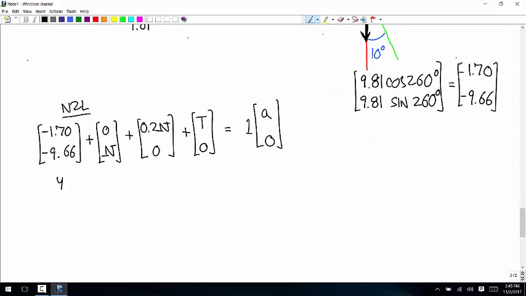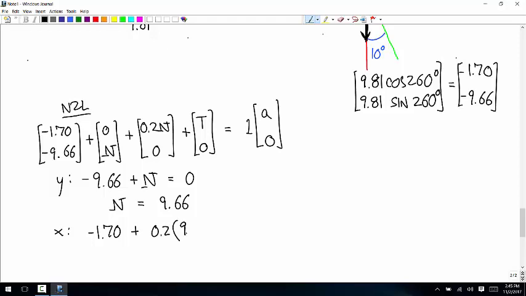And the y equation says negative 9.66 plus n is equal to 0, so n is equal to 9.66. Plug that into the x equation, and you get negative 1.70 plus 0.2 times 9.66 plus T is equal to a.